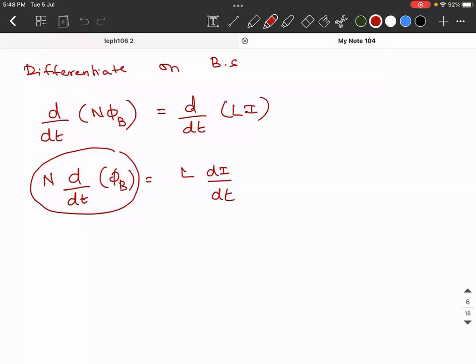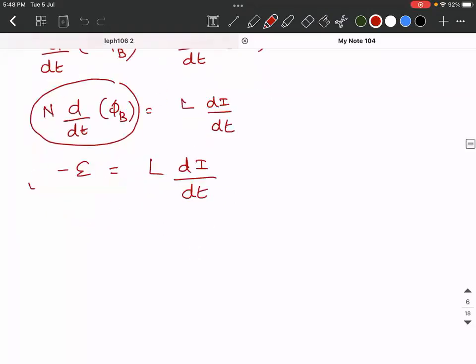So N into d phi B divided by dt, what is it? N times rate of change of flux is what? EMF. Actually speaking, it is negative of EMF, because E is equal to minus d phi by dt. So minus E is equal to L into di divided by dt. Is it right? So if I take magnitude on both the sides, so listen.